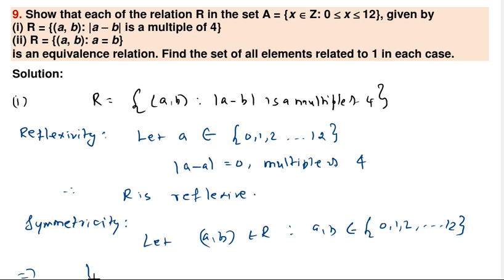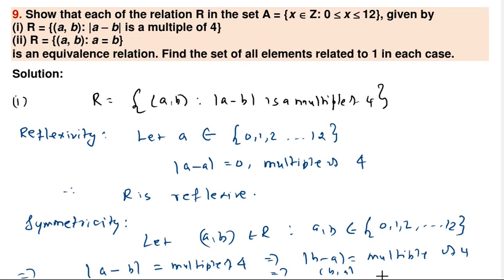This implies the absolute difference of a and b is a multiple of 4, and this implies the absolute difference of b and a is also a multiple of 4. Now we can conclude (b, a) also belongs to R. So this proves that the relation in the first case is symmetric, and therefore the relation R is symmetric.